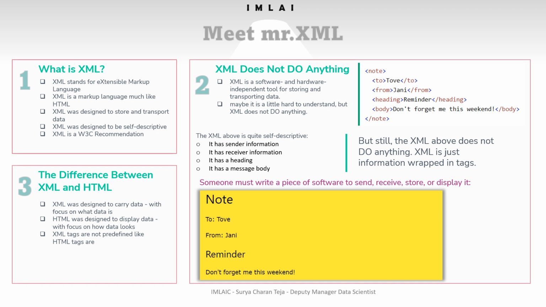Most XML applications will work as expected even if new data is added or removed. Imagine an application designed to display the original version of note.xml, that's the to tag, from tag, heading tag, body tag. Then imagine a newer version of note.xml with added date and hour elements and removed heading. So there won't be much difference.